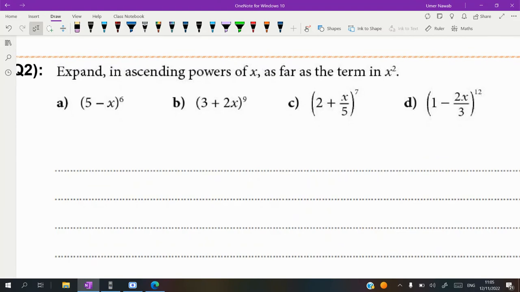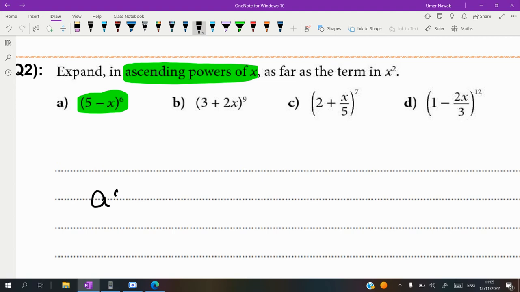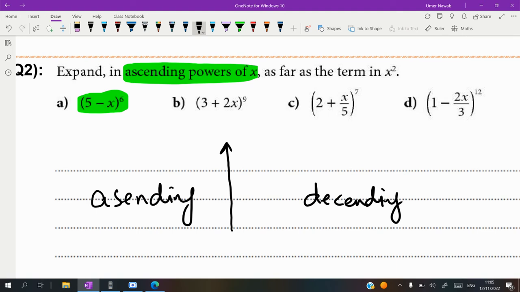Now, sometimes the examiner is not interested in the students solving the whole expansion. He will ask you to just expand till x squared. And this word is very important: ascending order. Ascending means the power is growing up. When he says descending, it means the power of x is going down.